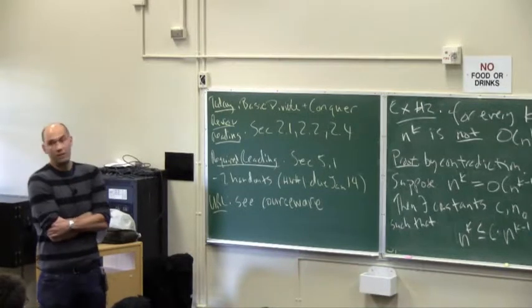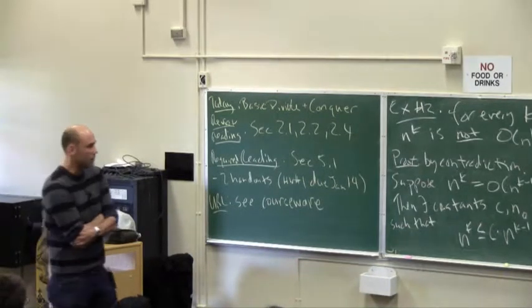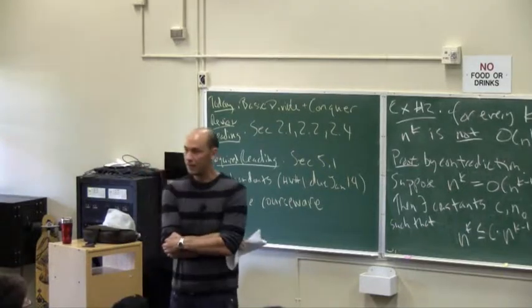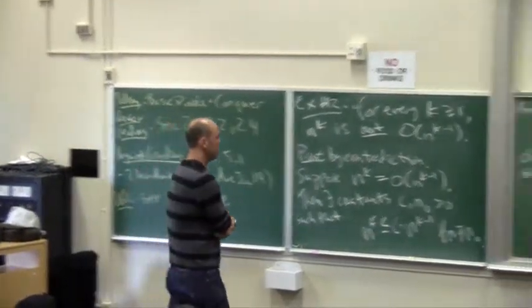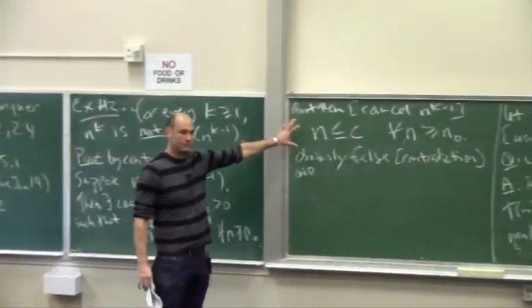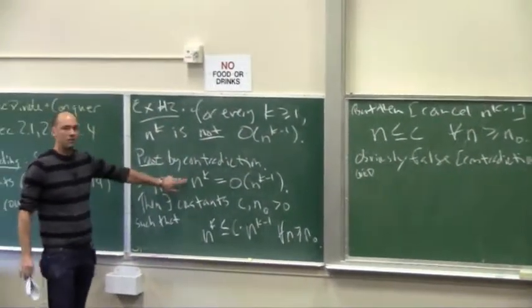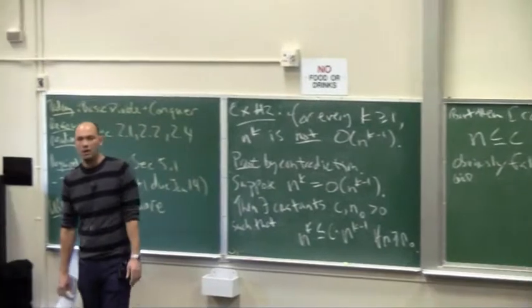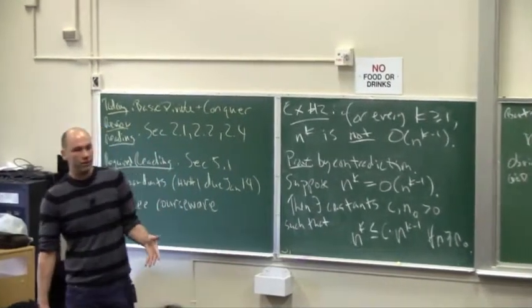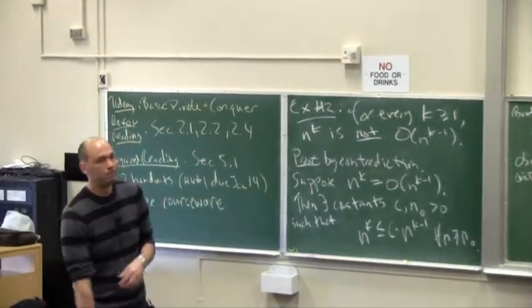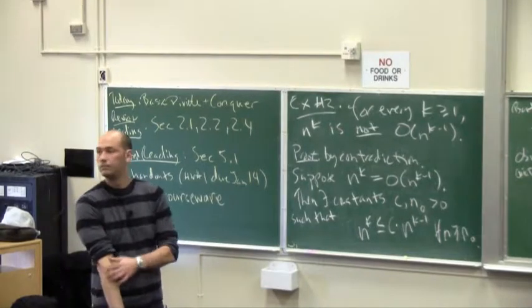That's clearly true no matter what c is. There is a natural number bigger than c, namely c plus 1. So this is a false statement, and from that we deduce that our original hypothesis, that n to the k is big O of n to the k minus 1, is false, which is what we wanted to prove. Other questions?